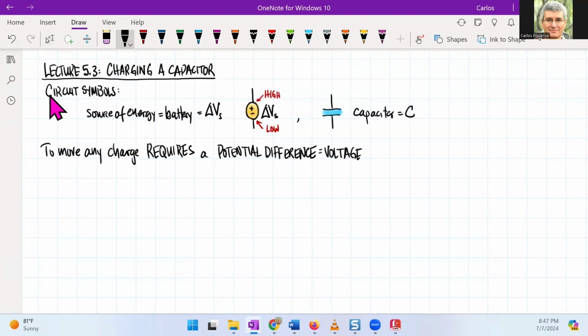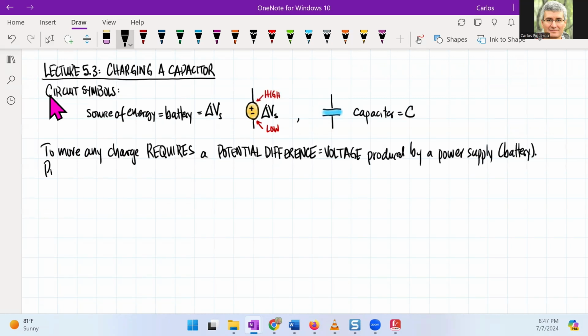So it's not a difference in voltage, it's voltage produced by a power supply. And yes, this is the battery.